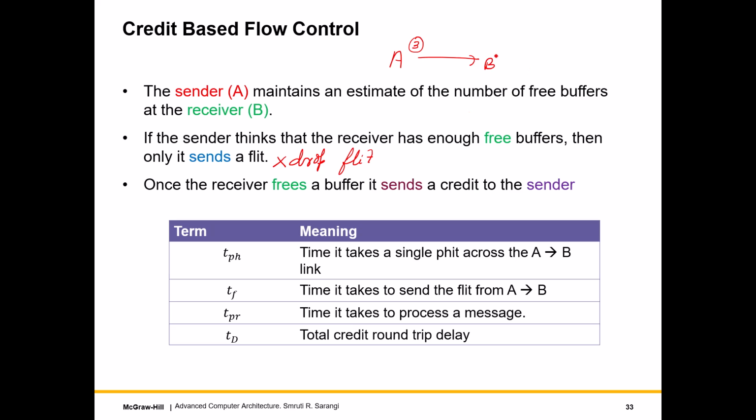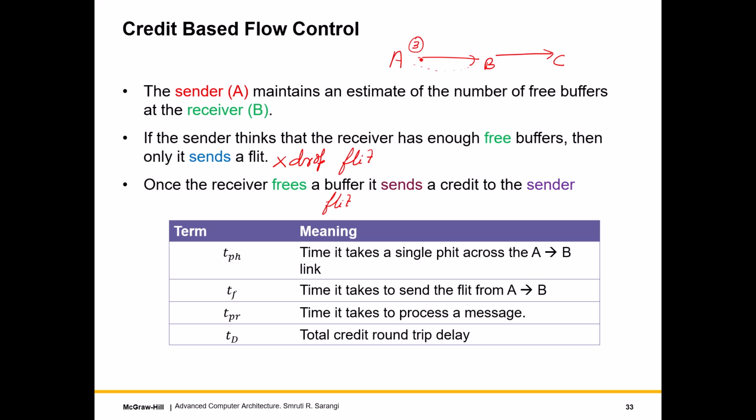Furthermore, once the receiver sends a flit to someone else and it frees a flit buffer, and all of the buffers are flit buffers because a flit is the basic atomic unit, it will send a message to the sender, which in this case is A, saying that one of my buffers has been freed, so you can send a message. This is known as a credit. It's a single flit message.